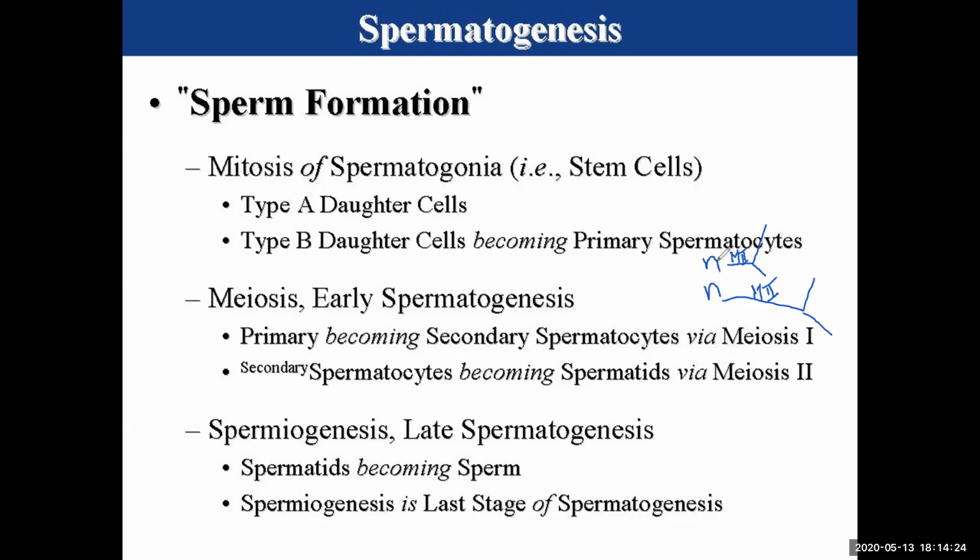So again, you get haploid daughter cell, haploid daughter cell, haploid daughter cell, haploid daughter cell. And these haploid daughter cells have a different name. These are called spermatids.